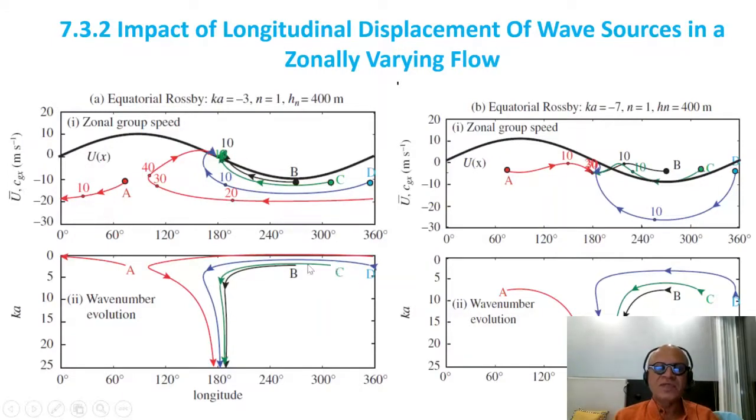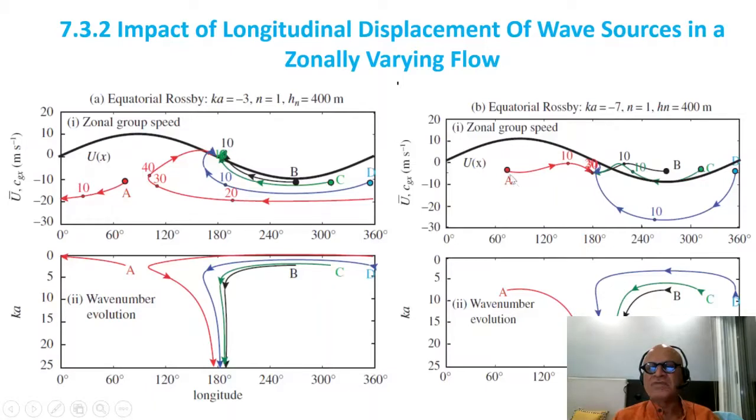So C, D, and then A, starting here, is going to become a long wavelength, and then eventually come back and also head towards getting trapped. So you can look at other wave number 7, which behaves differently.